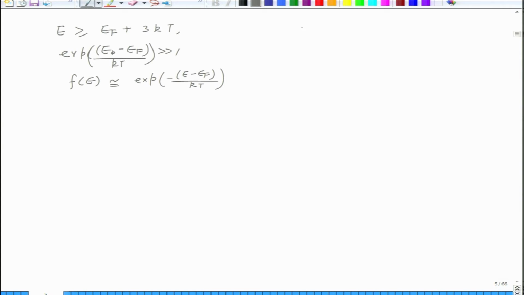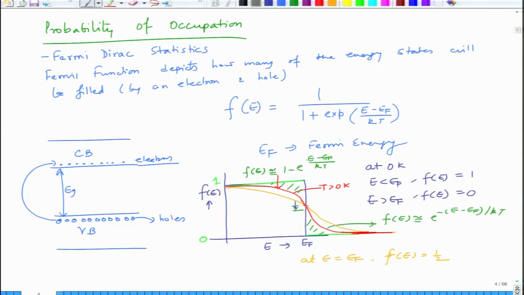For E less than or equal to Ef minus 3 kT, this exponential of E minus Ef divided by kT becomes less than 1. As a result, you can write Fe as 1 minus exponential of E minus Ef divided by kT, and this is what we have written there, right. So if you recall, that is what we have written here.